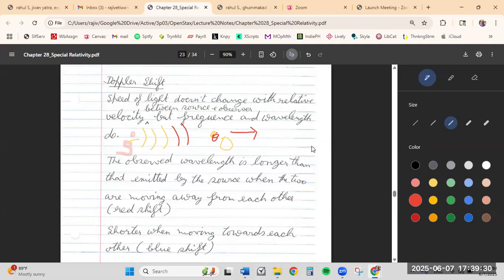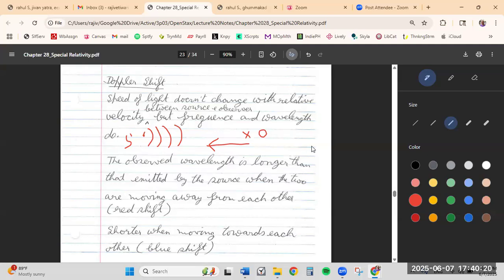On the other hand, if the observer was moving towards the source, so if this is the source here, and that's the observer, and these are the wave fronts coming from the source, and the observer moves to the left towards the source, then more and more wave fronts will reach the observer per unit time than before, which means now the frequency of the wave appears to be larger.